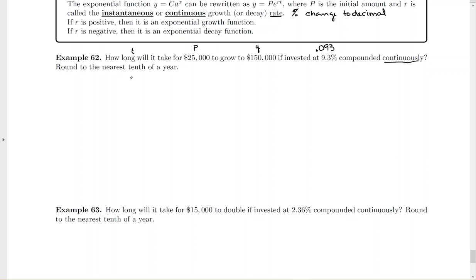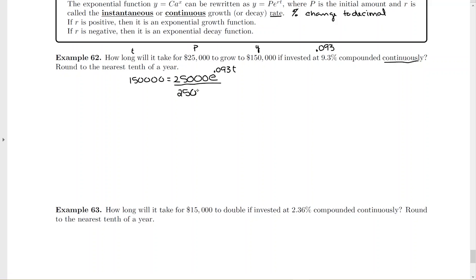So I plug that information into my formula. The output, 150,000, equals 25,000 times e, it's a number on my calculator, to the 0.093t. It's an exponential, it's hooked by multiplication, so we solve it just like we did before.